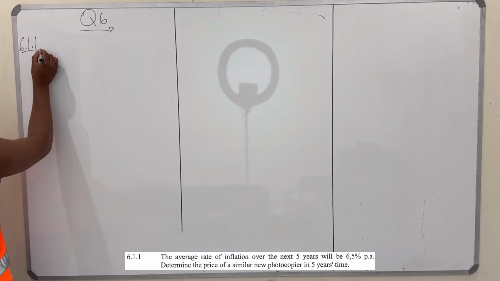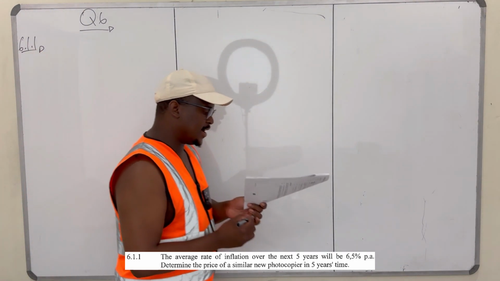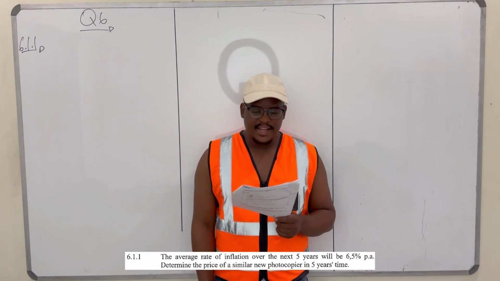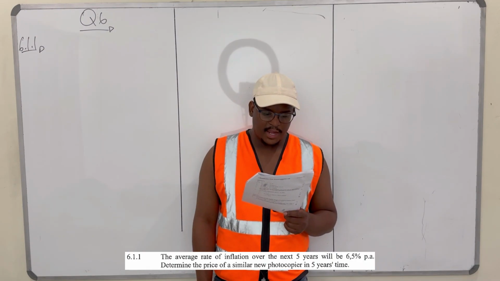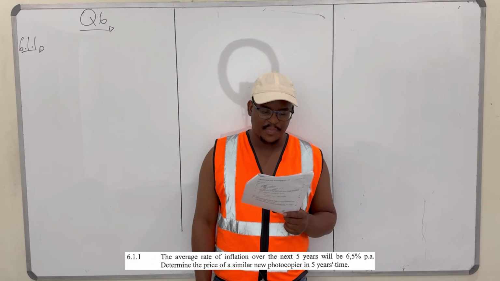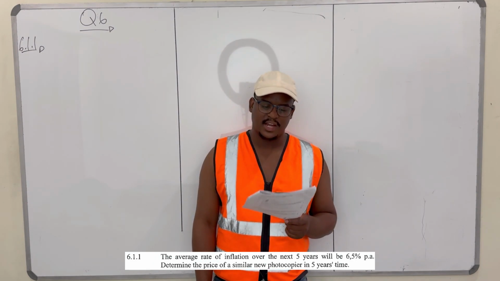6.1.1. They are saying the average rate of inflation over the next 5 years will be 6.5% per annum. Determine the price of the new photocopier in 5 years' time.